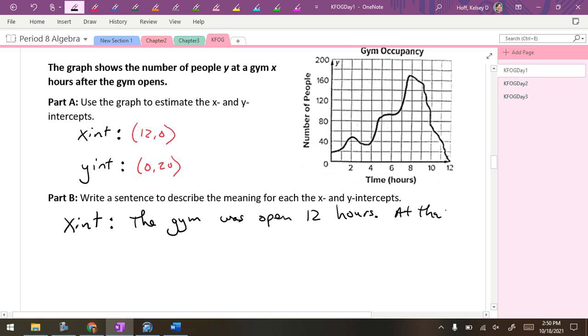At that time, there were 0 people inside. I guess maybe it didn't necessarily close, but after 12 hours of being open, there were nobody in that gym.